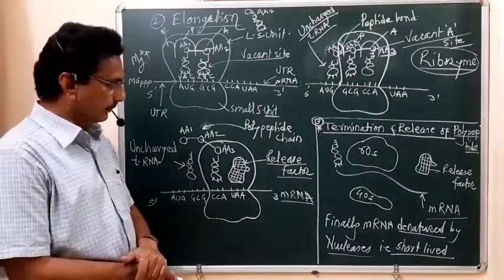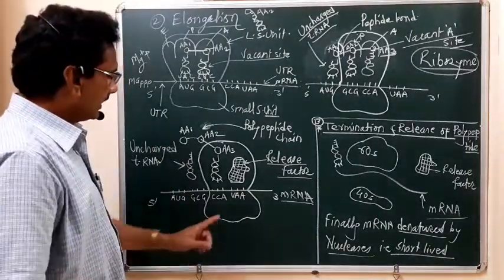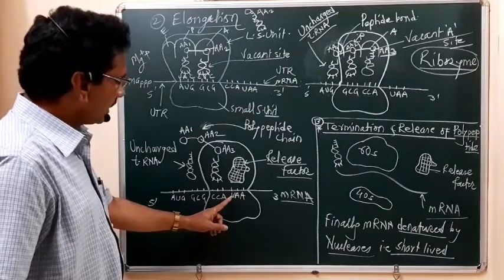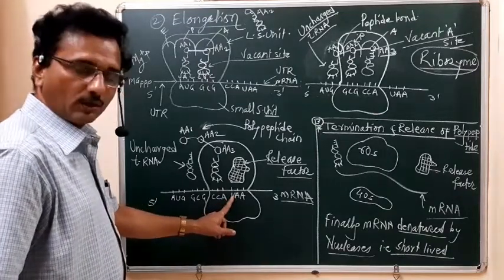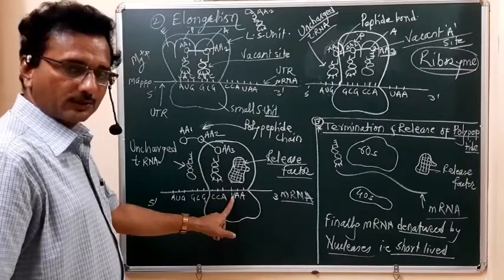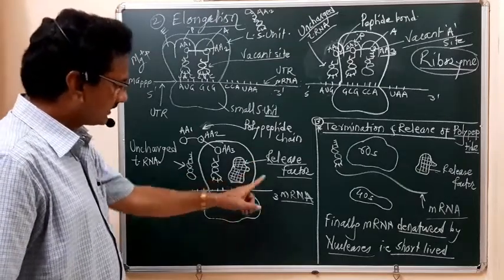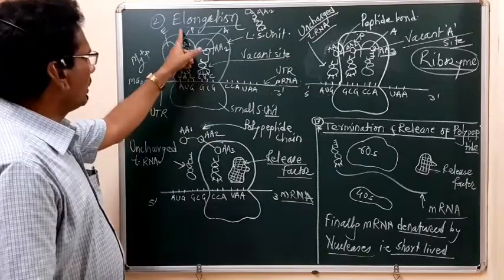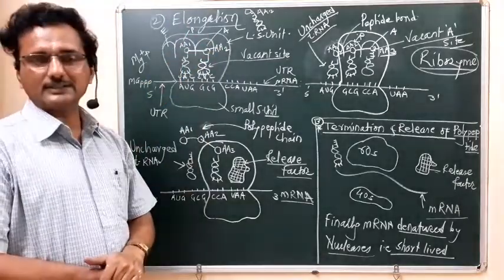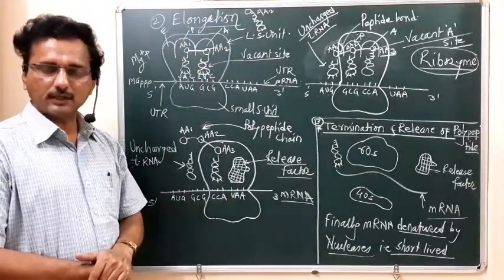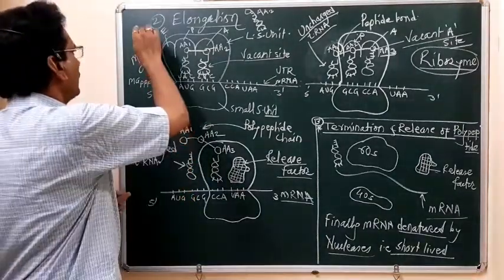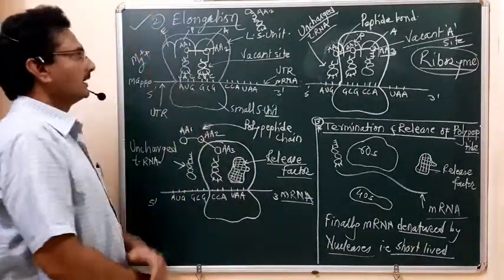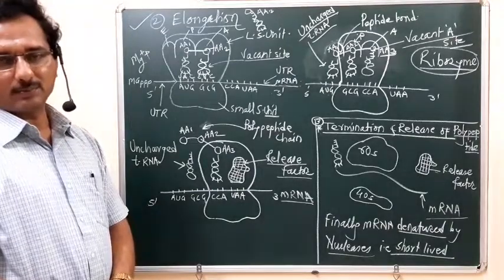So you have to remember this. And when there is a last codon, the stop codon or nonsense codon, and towards that nonsense codon the release factor gets attached there, the elongation of polypeptide chain is stopped. I think you understand well. The second step of the translation, that is the elongation of polypeptide chain.